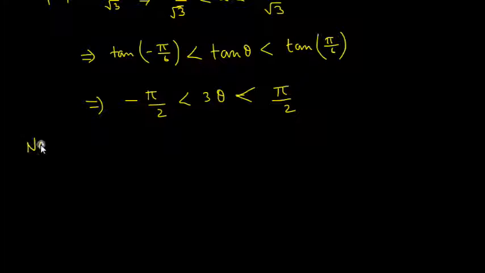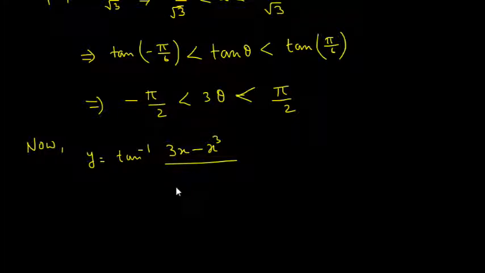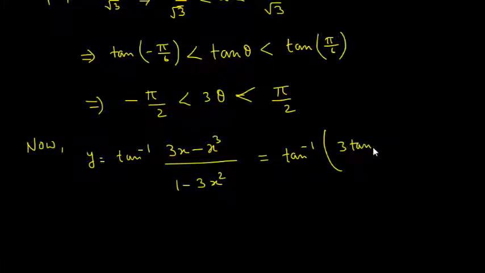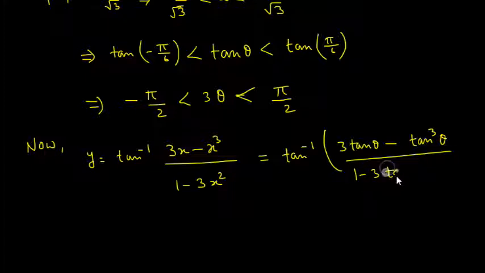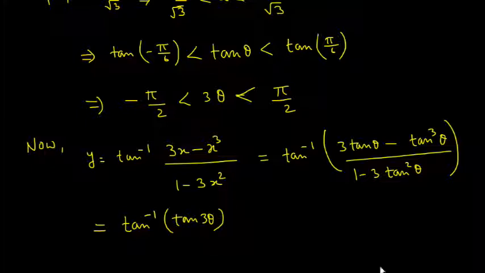Now y is equal to tan inverse (3x minus x³) upon (1 minus 3x²), as given in the question, so you can write it as tan inverse (3 tan theta minus tan³ theta) upon (1 minus 3 tan² theta), which is equal to tan inverse tan 3 theta, which is equal to 3 theta.